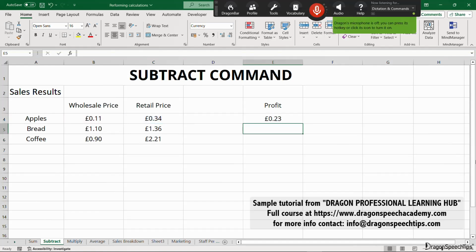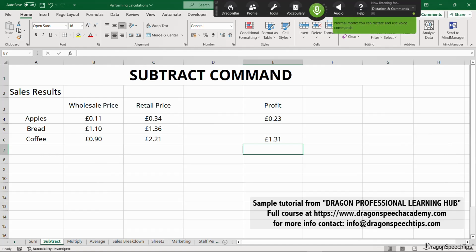And to find the profit for coffee, we could dictate the following. Go to cell Echo 6. Subtract cell Bravo 6 from cell Charlie 6. Let's move back up to the cell E6.